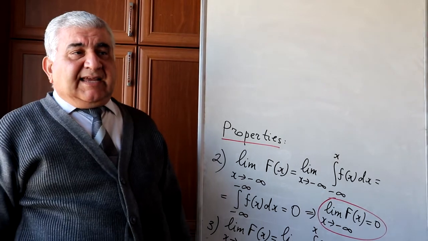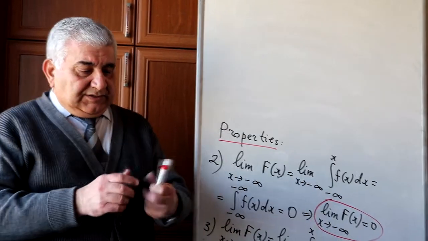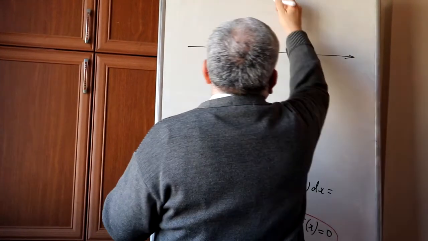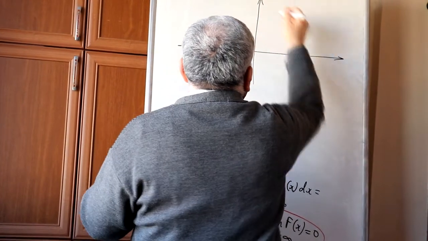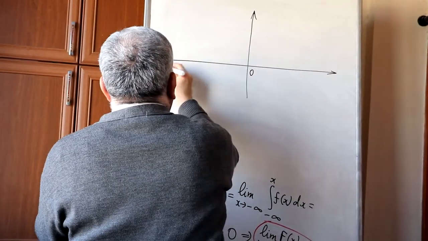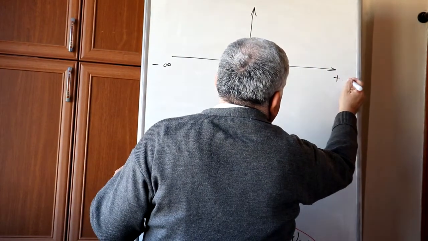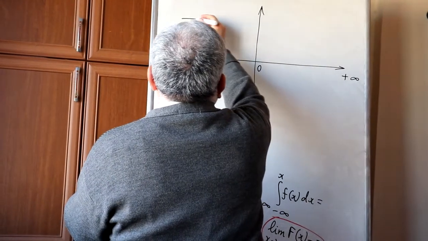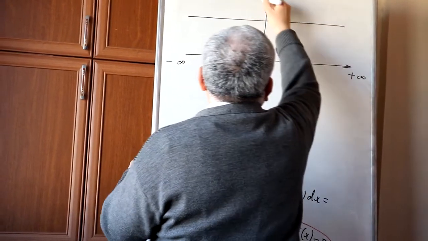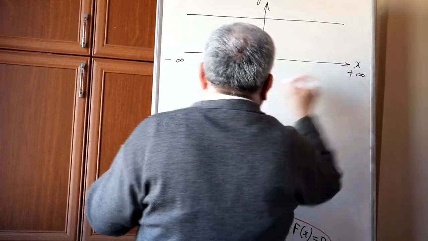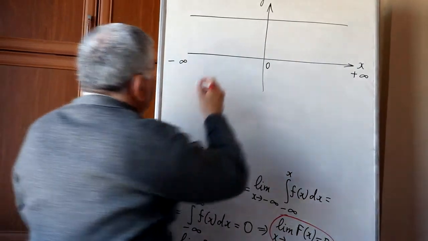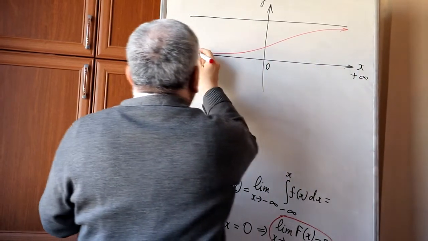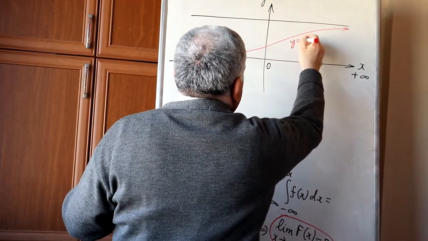Finally, construct the graph of the integral distributive function. Y equals F capital of x.